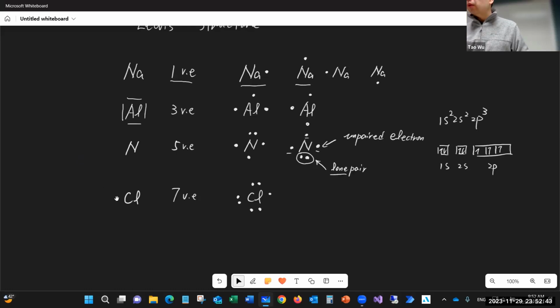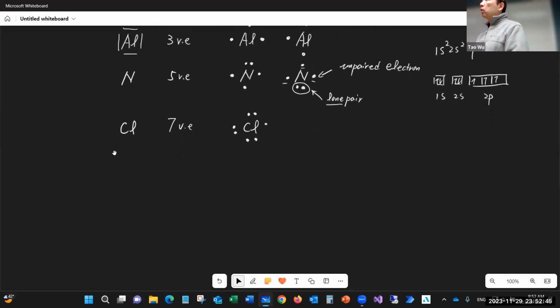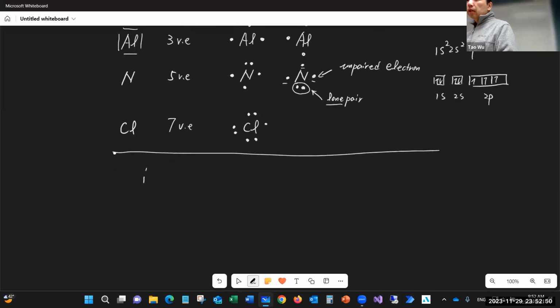Okay, so now we've talked about the elements. Then we're going to talk about ions, how to write the ion. For example, we know chlorine, and the chloride ion. How to write the chloride ion? Well, you need to know how many valence electrons the chloride ion has.